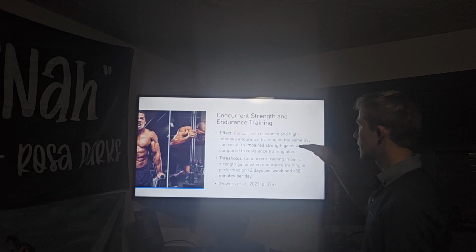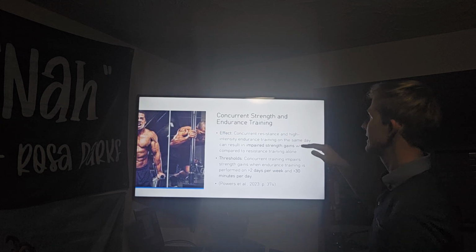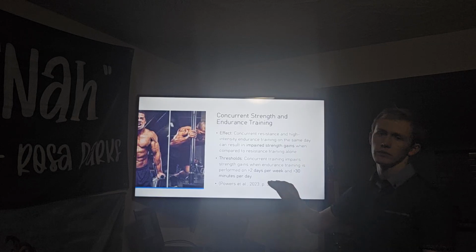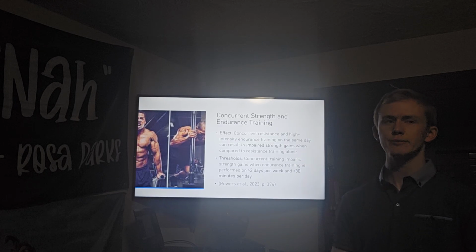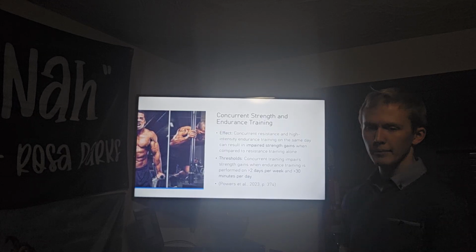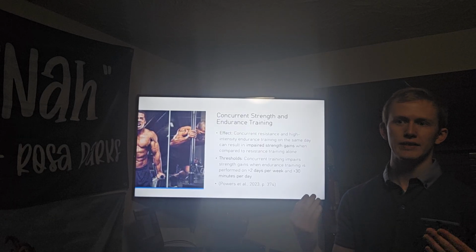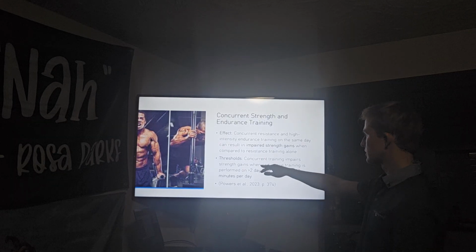Concurrent strength and endurance training. Concurrent resistance and high intensity endurance training on the same day can result in impaired strength gains when compared to resistance training alone. So if you were a power athlete, let's say a power lifter, trying to get as many gains as possible, it probably would not be the best decision to do endurance training at the same time, because endurance training has these thresholds.